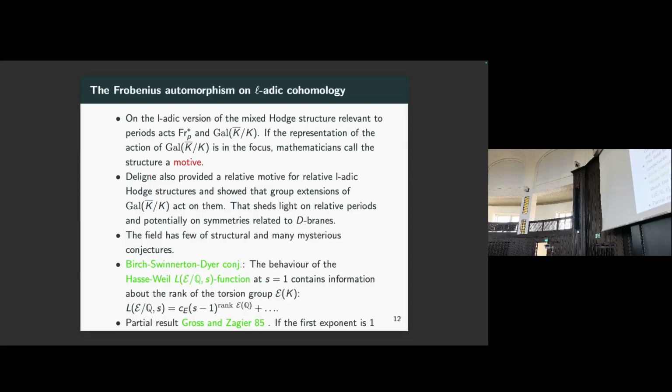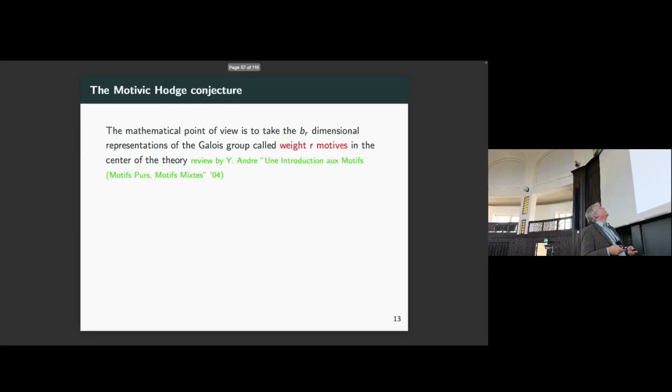For instance, the Birch-Swinnerton-Dyer conjecture is the most famous one, but there are many also from Beilinson. And it says that basically the behavior of the L function at s equal 1 determines the rank of the torsion group. And also there is a partial result that they prove it for rank 1, Gross and Zagier.